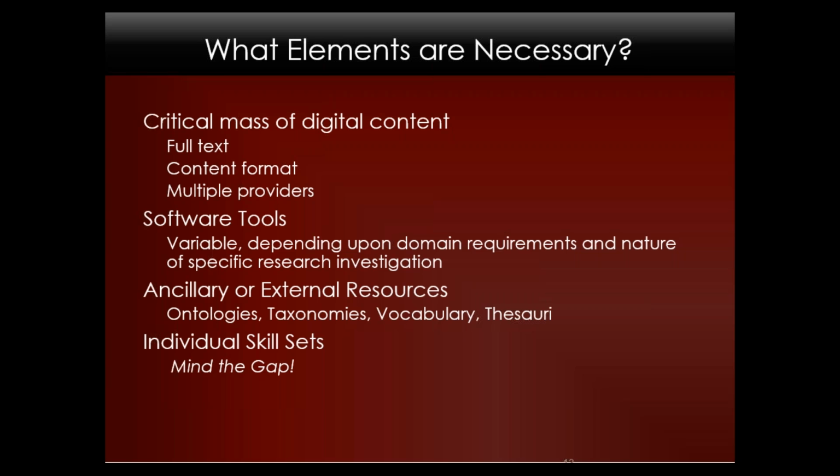In an ideal world, for many types of research, you want the content in XML. And for most purposes, you don't necessarily want just the content that is provided by a single publisher or content provider. You want it to cross providers because content comes from a variety of places and you need to ensure that you've looked at everything.